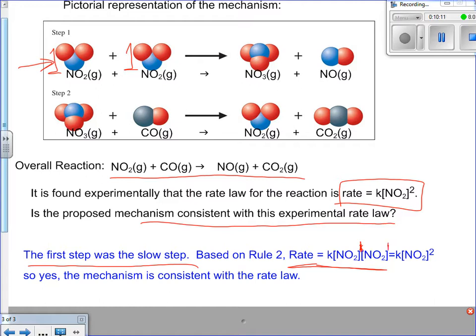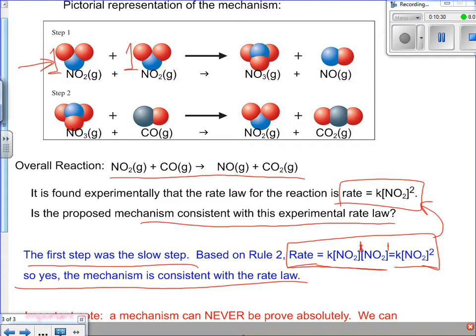But again, it would be 1 because the coefficient was 1 in the slow step. And that is equal to K[NO2]^2, because NO2 times NO2 is NO2 squared. So we find that this is consistent with the experimental rate law. Yes, the mechanism is consistent with the rate law.